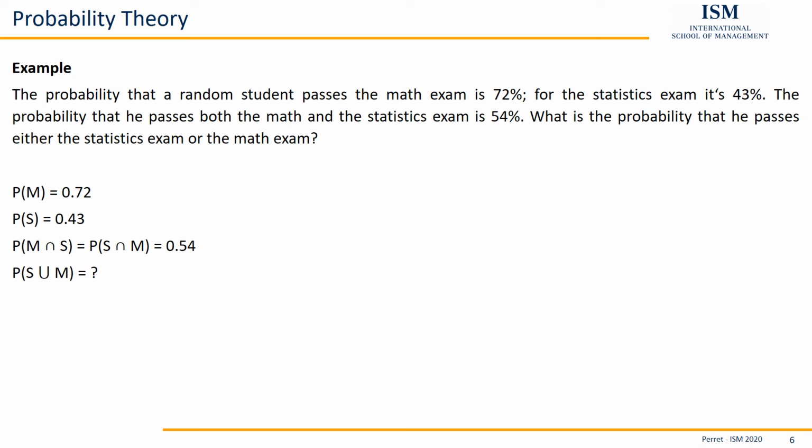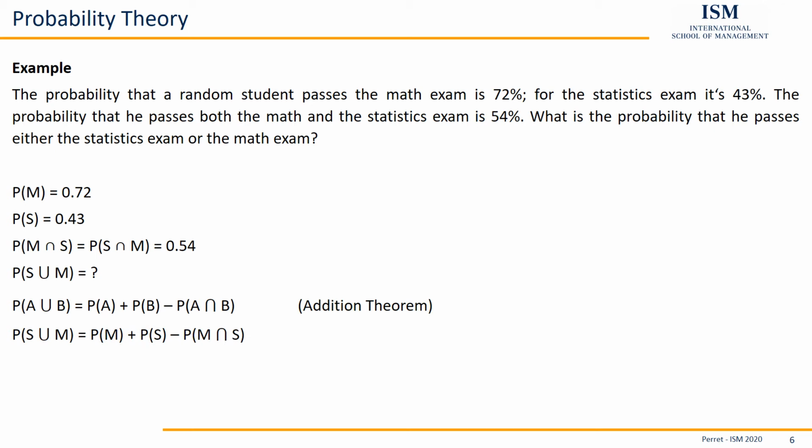So we can copy the formula for the addition theorem. And what we see here, we simply have to add up the probability of passing math and the probability of passing statistics, so 0.72 plus 0.43, and then minus both of them happening at the same time, so the probability of the intersection of both of them. That's basically our formula.